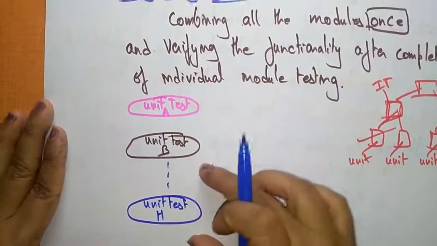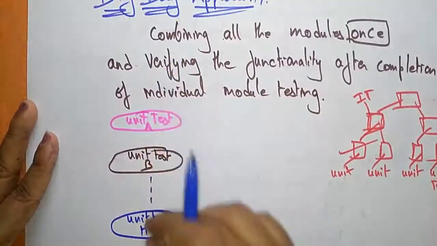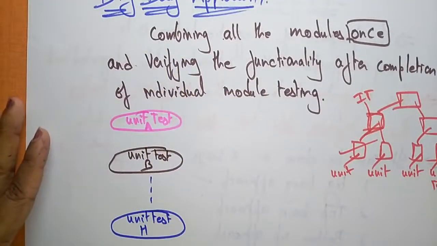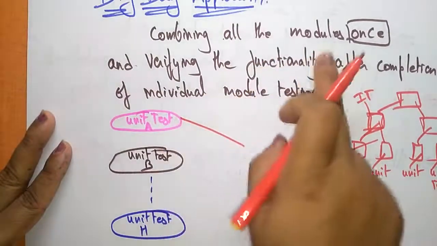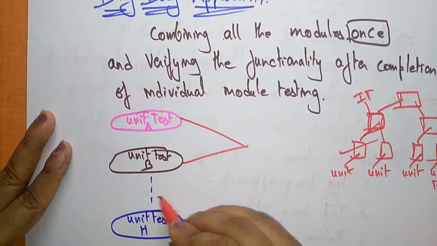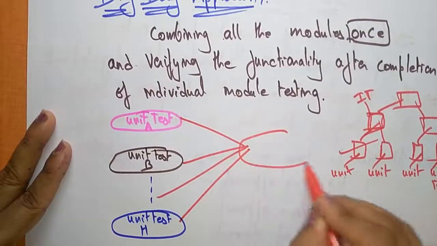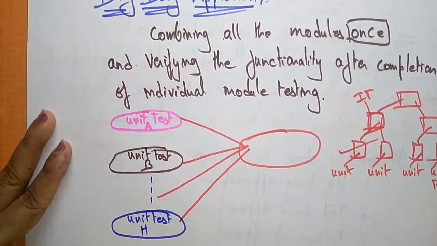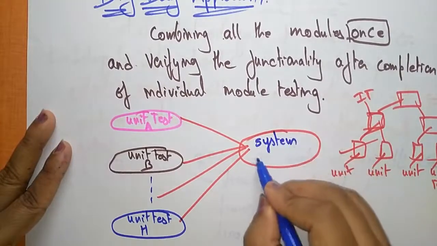So these are the different modules. We have done unit tests on each module, each smallest element of the module. After that you have to combine all the modules once, and you are making one system. So that is a system wide test.